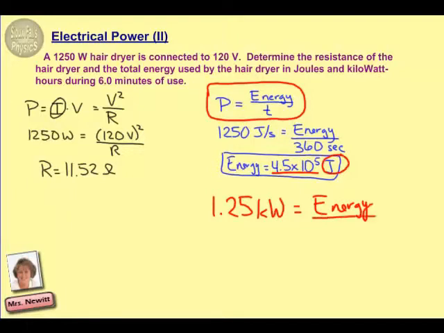And this time, as we plug in the time, rather than putting that 6 minutes into seconds, we're going to put that 6 minutes into hours instead. So if we take 6 minutes, convert that into hours, we see that, of course, that is 1/10 of an hour. And now, if we solve for energy, this time the label that we get would be equivalent to having our kilowatts here, multiplied times our hours here, and we get 0.125 kilowatt hours as our label.